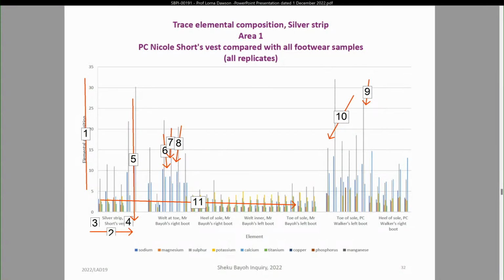And as you've already said in your evidence, within Area 1 of the vest, replicates 1 to 4 are visually more similar when we look at the data as it's presented in this graph in front of us. And you explain in your report that the first 4 replicates have wider elemental profiles that are more characteristic of soil. That's correct, and they've got a wider range of particle sizes, sand, silt and clay, as we saw from the morphology.